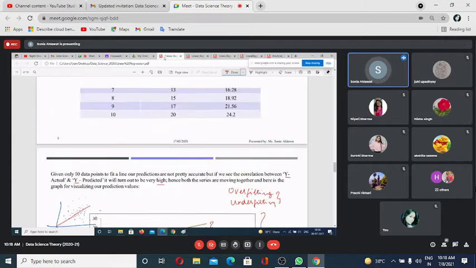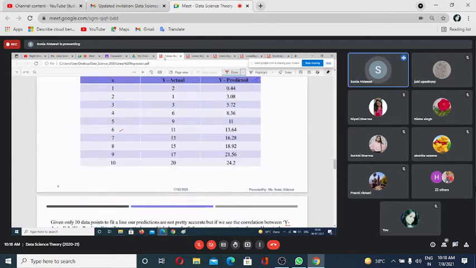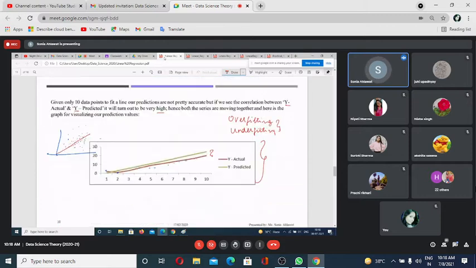If I'm saying that the value at 6 has to come out to be 11, it shouldn't be like this. जो हम लोगों ने calculate किया, it is coming out to be near to some value. I hope हमने जो calculate किया है, क्योंकि ये 2.64 से calculate हुआ पड़ा है. So it was coming out to be very closer to the value, which is this one. So ये कब हो सकता है? So in our case, the values are more closer to each other. So undoubtedly the prediction or the fit line is much more accurate.